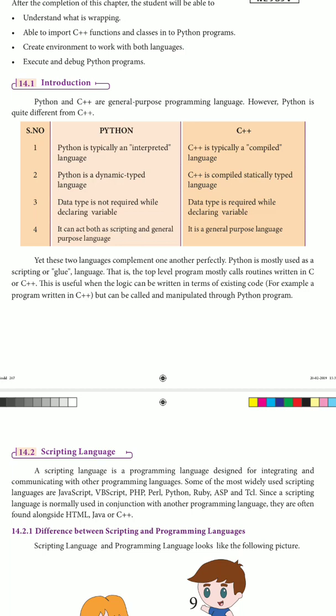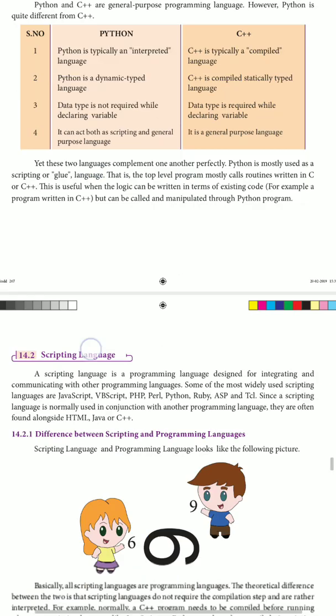For example, a program written in C++ can be called and manipulated through a Python program. This is known as a glue language, where the program created in C++ or C is executed through a Python program.